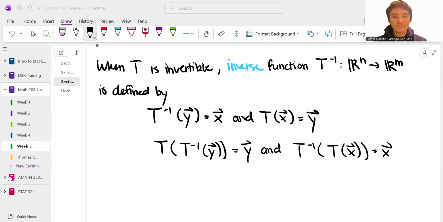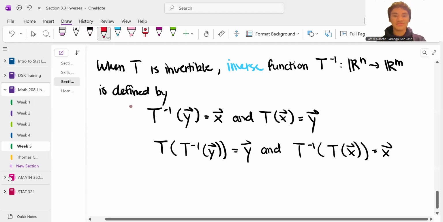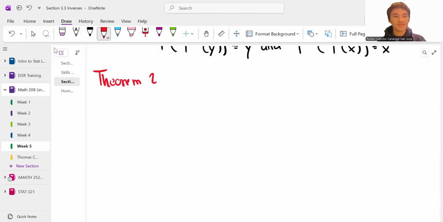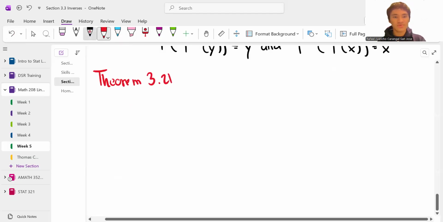Now, this next theorem gives a required condition for a linear transformation to be invertible and tells us that the inverse of a linear transformation is also a linear transformation. Let's just look at this theorem. So this is Theorem 3.21.